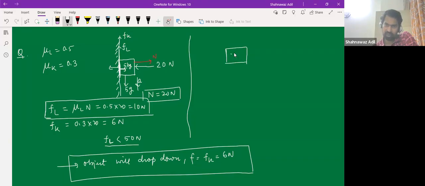This is 5 kg, 5g, Fk, and acceleration. This part will not contribute because this is balanced.